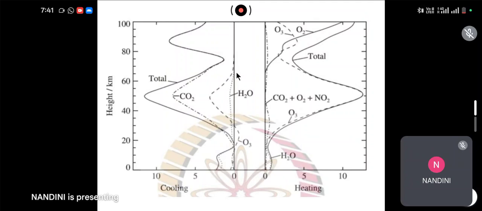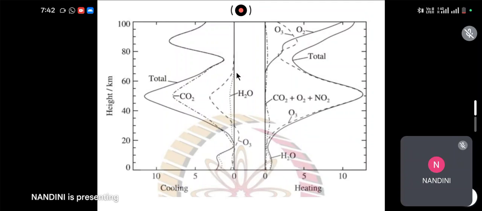As a result, the rate of heating and rate of cooling determines the temperature profile of the atmosphere with respect to altitude. The atmosphere generally absorbs the incoming solar radiation, so it leads to heating. Whereas when it comes to the outgoing long wave radiation, it both absorbs as well as emits. While it is absorbing, it leads to heating of the atmosphere, and while it is re-emitting, it leads to cooling of the atmosphere.